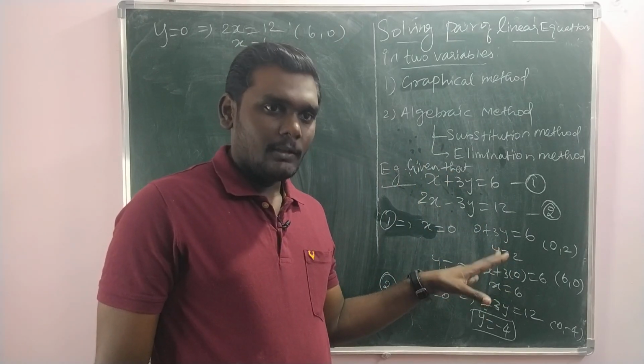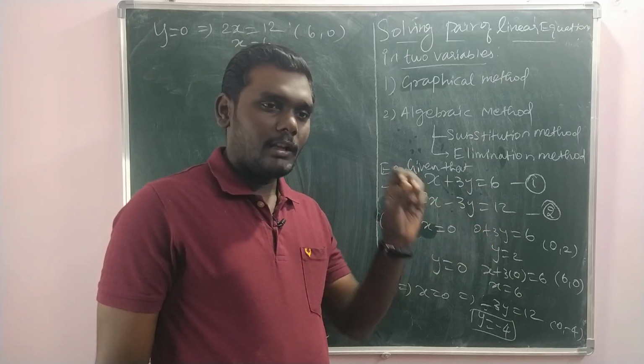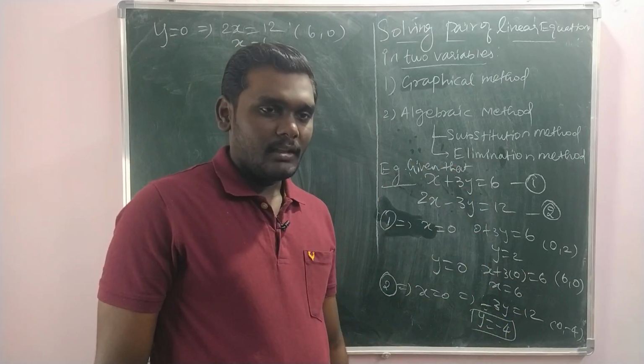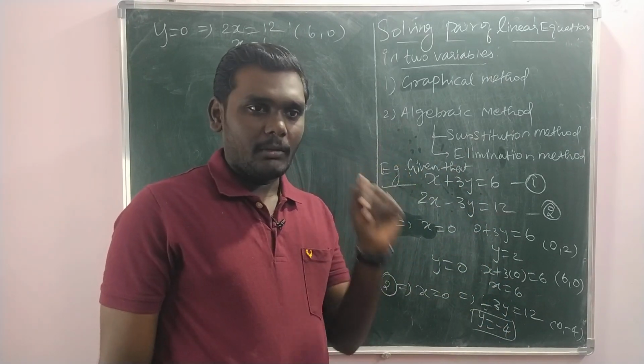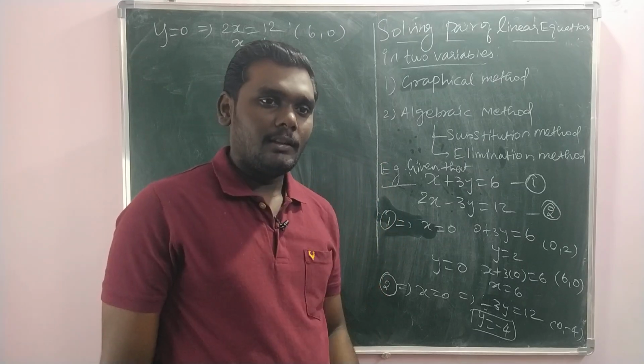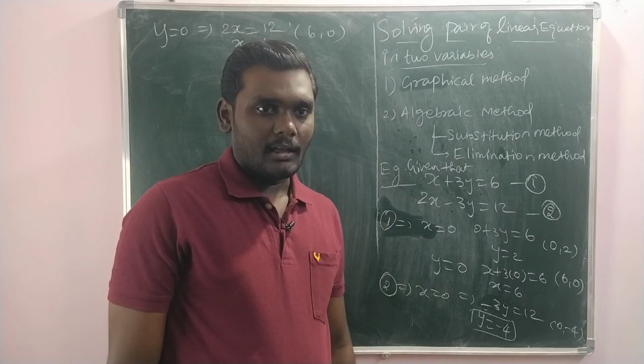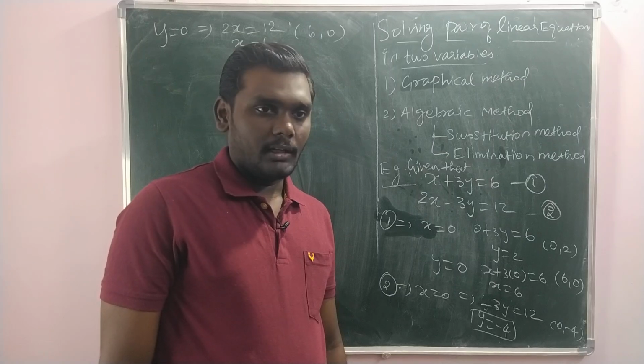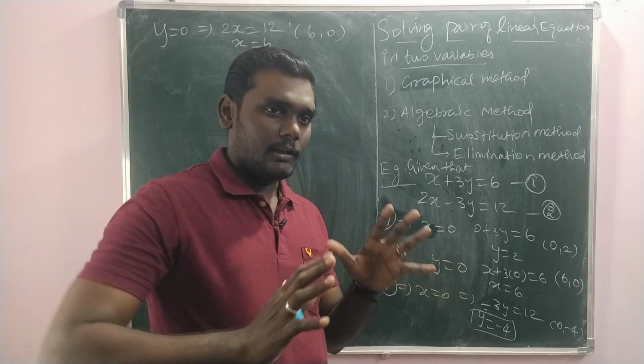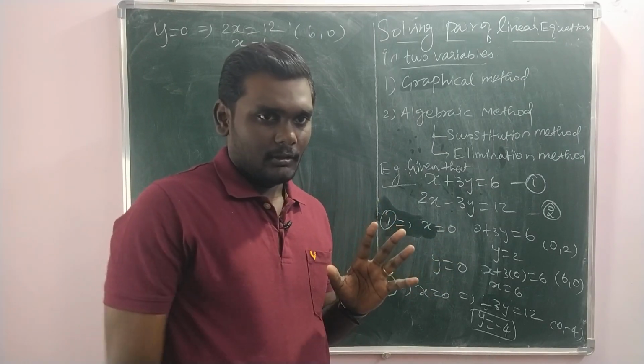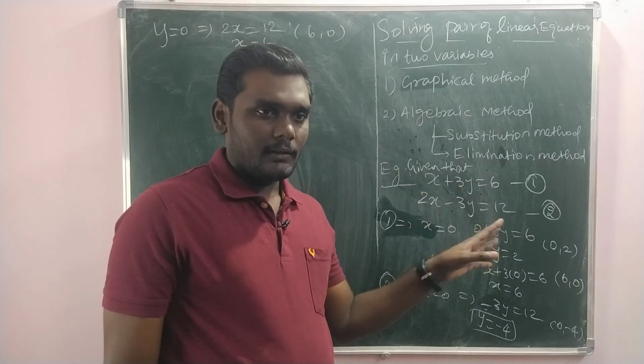In other questions, you may have to substitute in a way that you get an integer answer, then only it will be easy. Suppose you get a fraction like 1 by 3, 0.3333, where can you plot that point in the graph? It will become difficult. So mostly we'll try to get integer solutions. We'll discuss that kind of scenario in the next example.